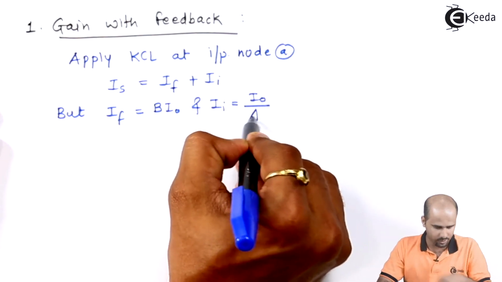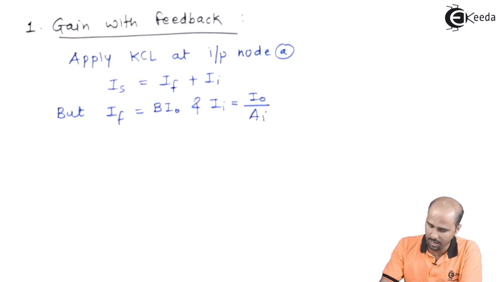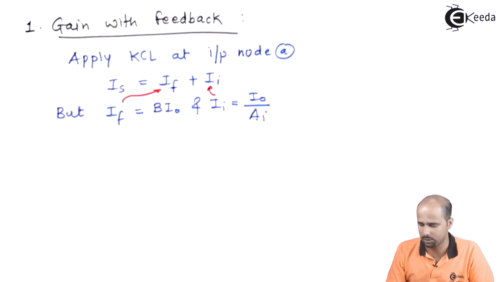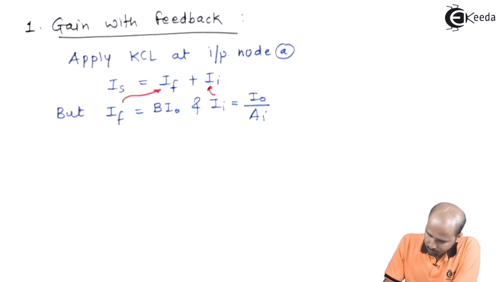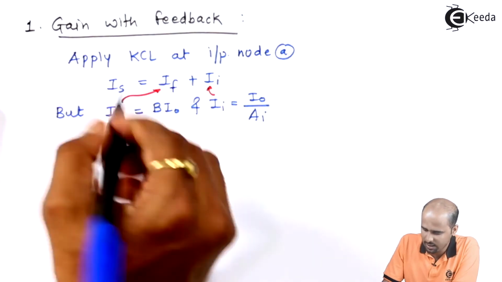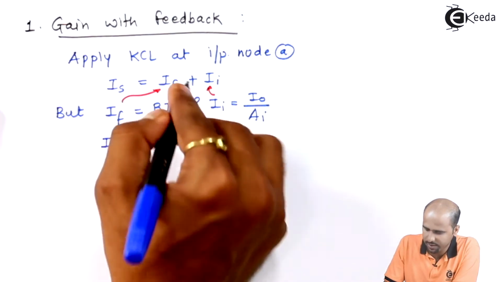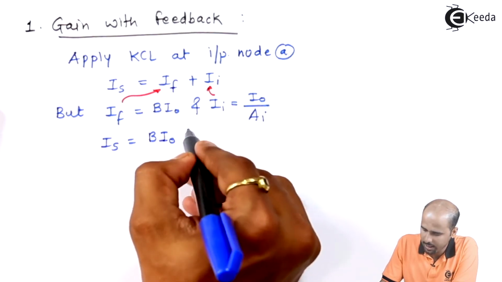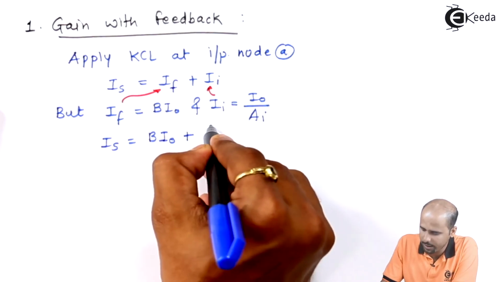What we will do is put these values of IF and II in. We will be getting the gain with feedback, right? I will have IS as it is. For IF, I'll put the value B into IO, plus for II, IO divided by AI.